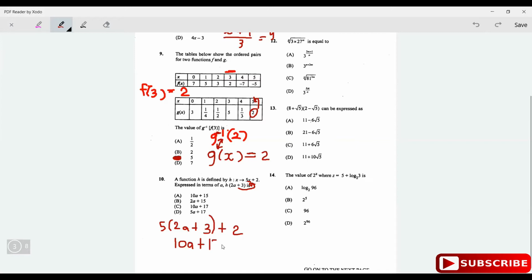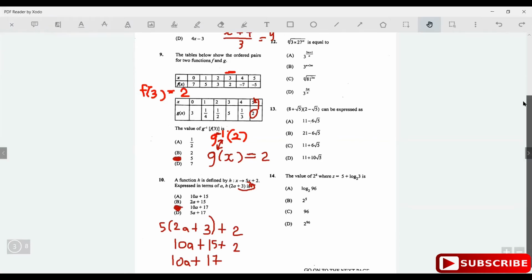And then I have plus 2. 15 plus 2 is 17. And so I have 10a plus 17. And that is this right here, 10a plus 17, which looks like option C. Nice. That takes care of question 10.